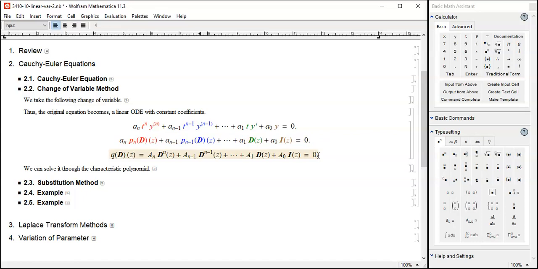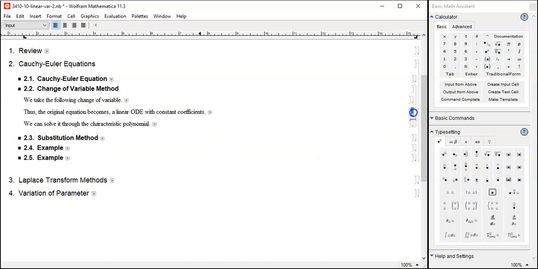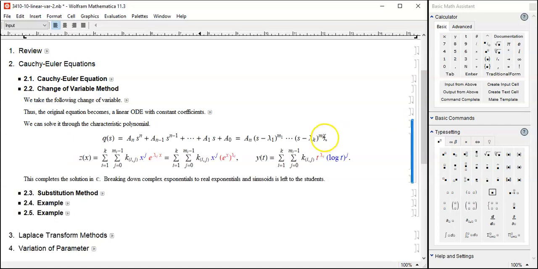You can solve it using the method of characteristic polynomial. Factor out the characteristic polynomial all the way over the complex number field using the fundamental theorem of algebra, and then you can express those like this. We have done it before. And then x to the j power will run from 0 to m minus 1, where m is the multiplicity, and x is log of t.